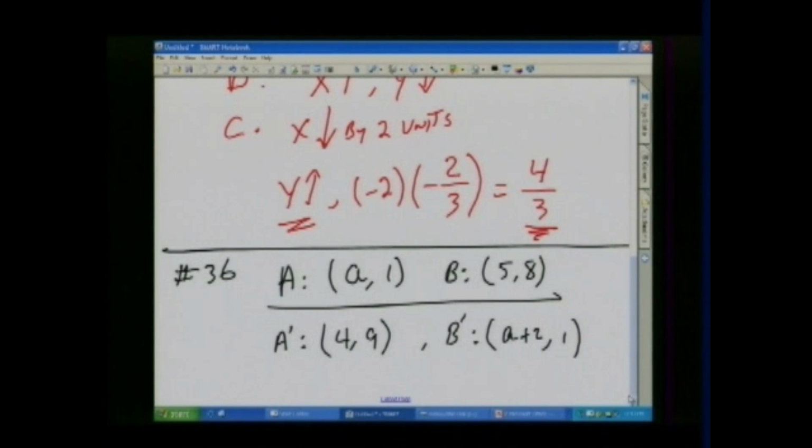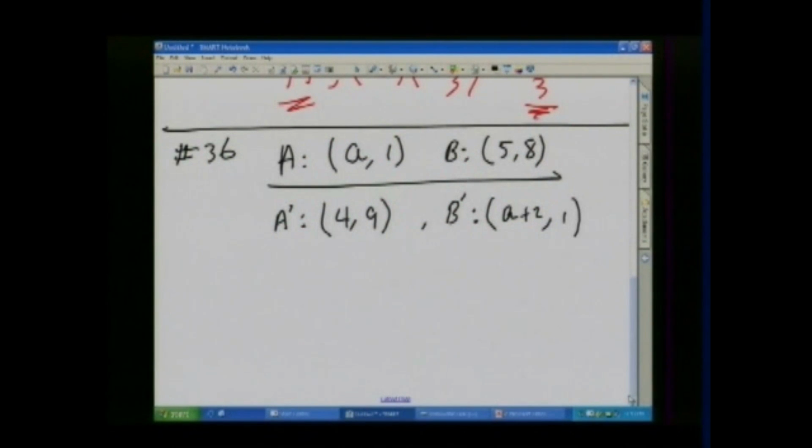What is the value of a? Very interesting problem. It's not as straightforward as other problems, but it would be interesting.